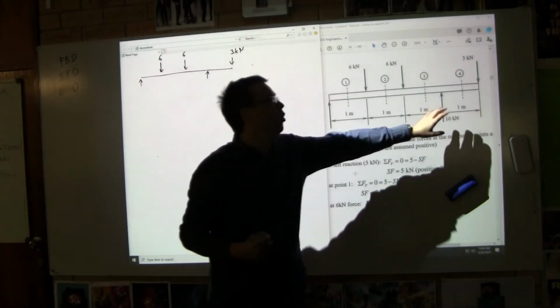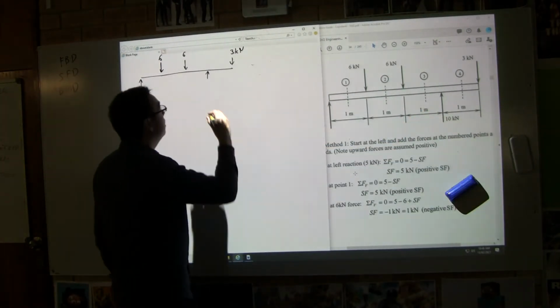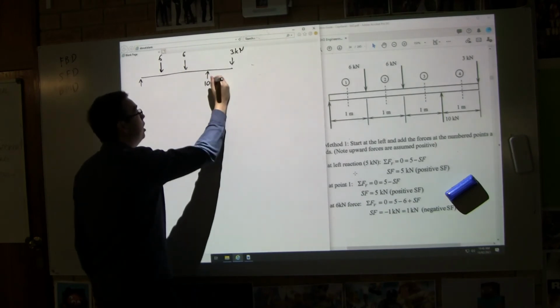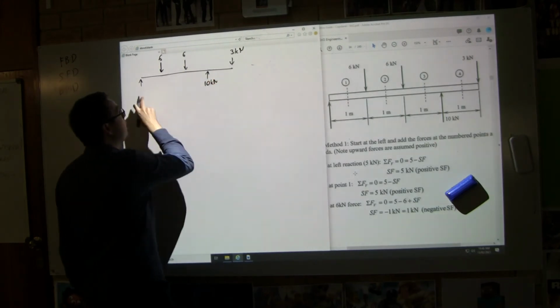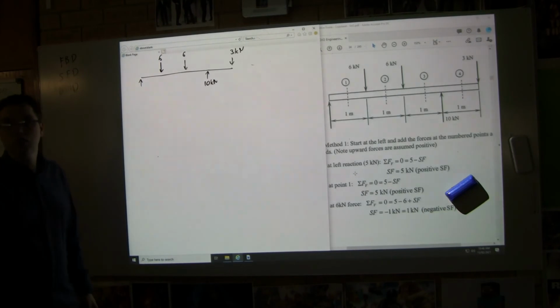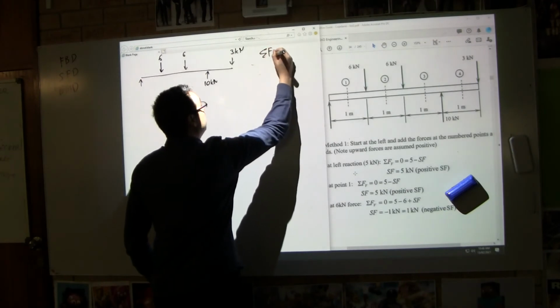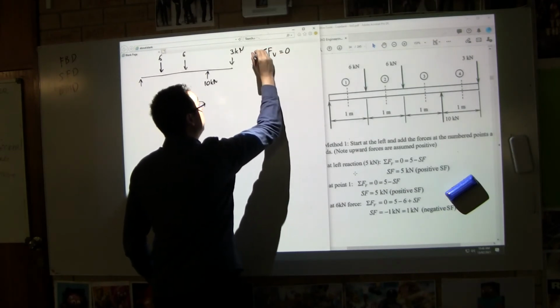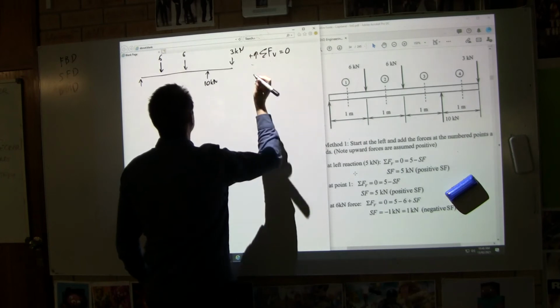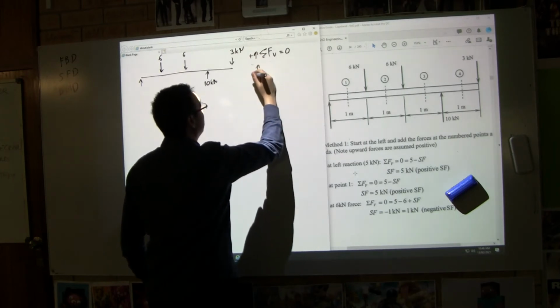If I know already that this is 10, and I just happen to have covered up the other one, could anyone tell me what the reaction at this location is? How would I solve that? I'd use the sum of the vertical forces equals 0.